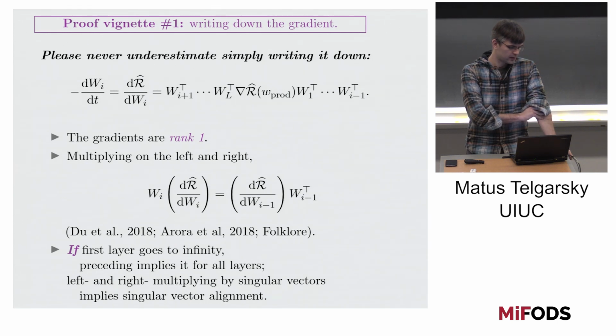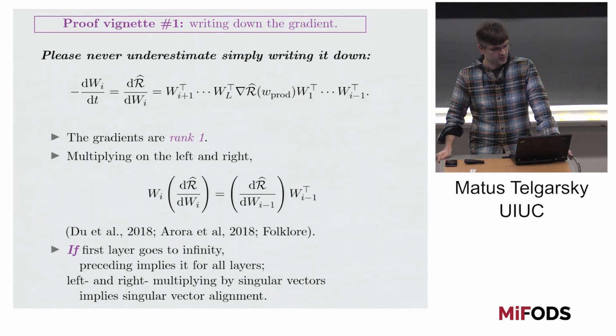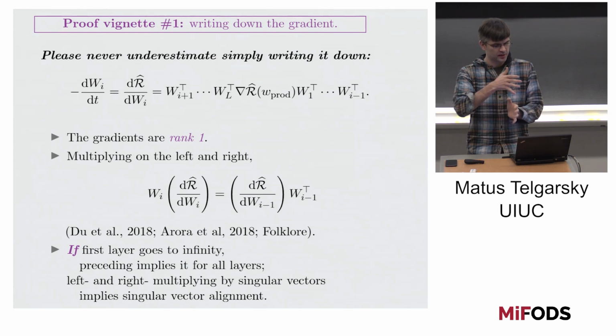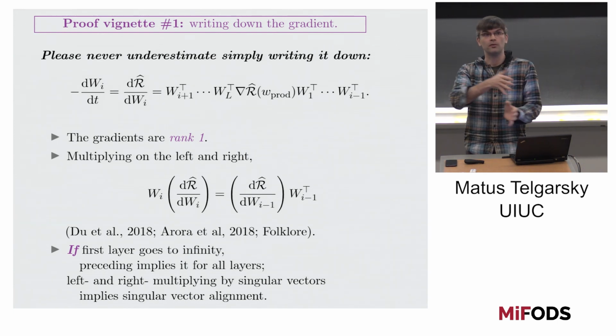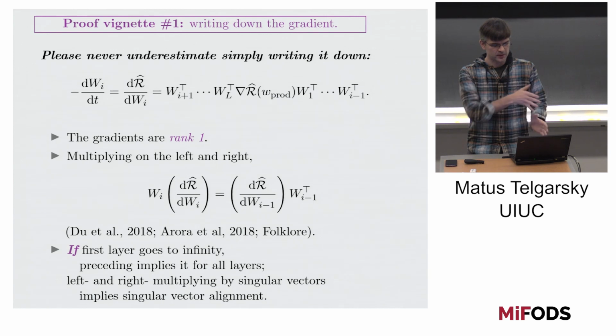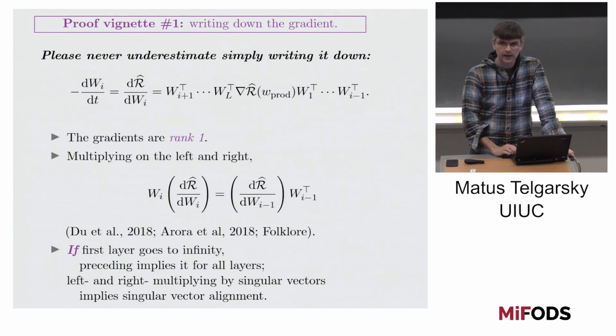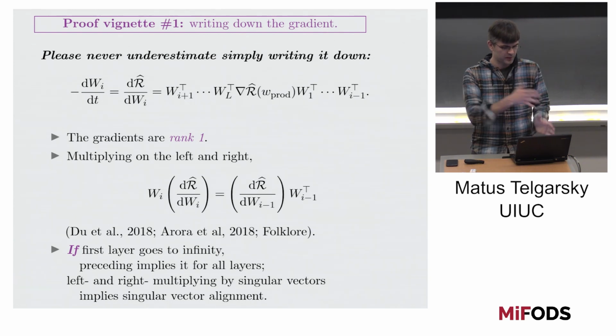I don't know who was first on this. And if you push it through for the gradient flow, it implies that all the weight matrices have essentially the same norm. The norms are close to each other, and that's why all the norms were in lockstep in those plots. And if you do a little bit of math on this expression, you also get that the singular vectors stay aligned.